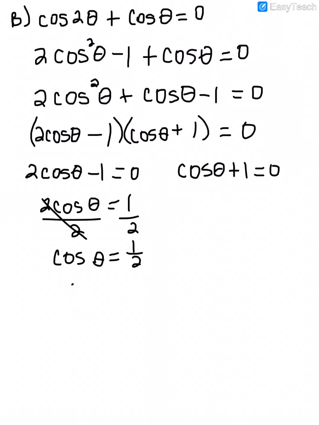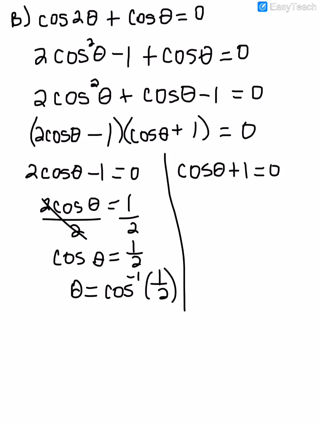Take the cosine inverse of both sides, and I get theta is equal to cosine inverse of 1/2. And then for my other factor, I'm going to subtract 1. That gives me cosine of theta is equal to -1. Take the inverse of both sides, and that gives me theta is equal to cosine inverse of -1.